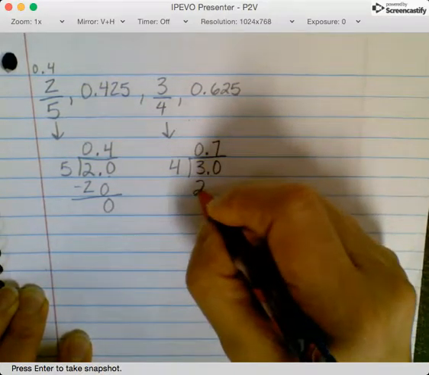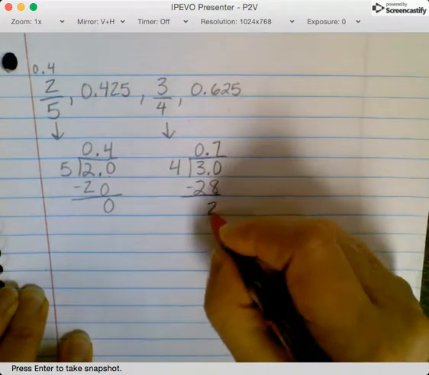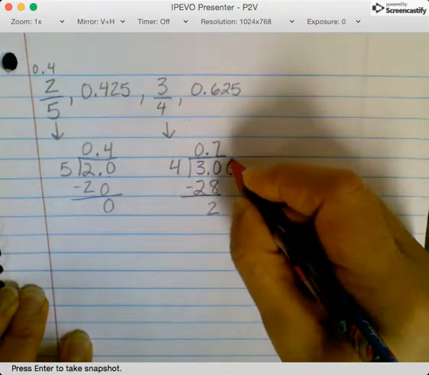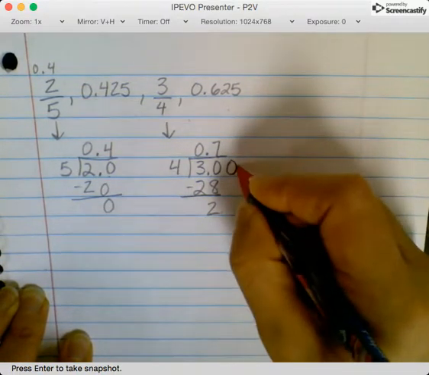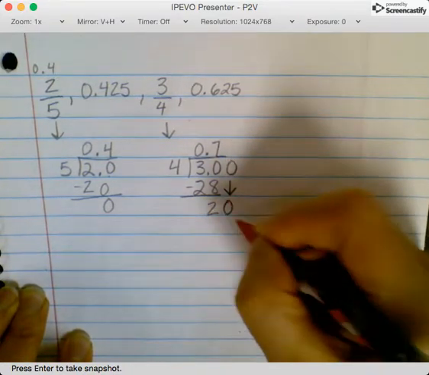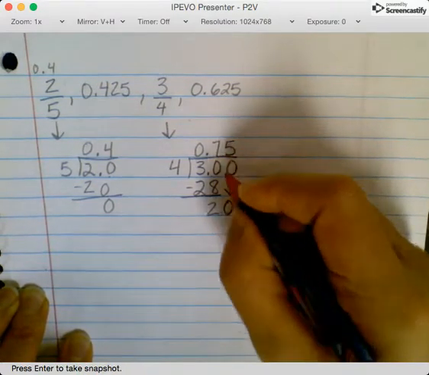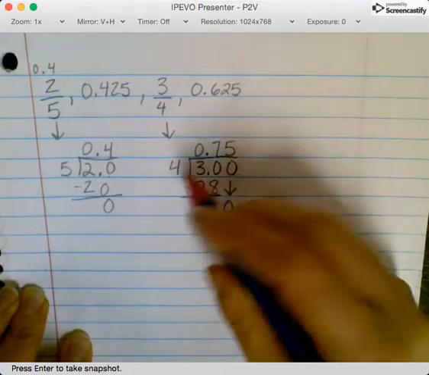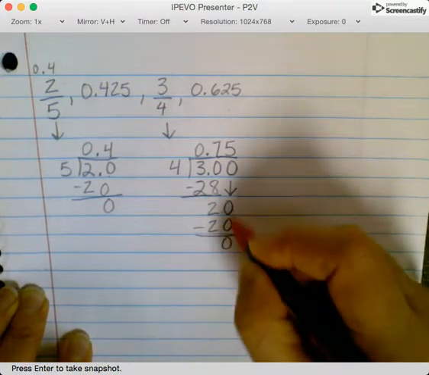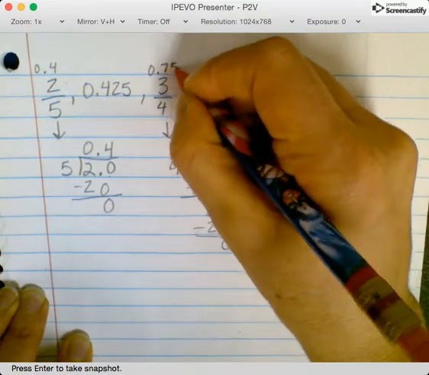And 4 times 7 is 28. If I subtract, I get 2. And then, since I have a number down here, I'm adding a 0 to keep going. So I bring that 0 down. And 4 goes into 20 evenly, which is 5 times. So 4 times 5 is 20. And this 3/4 is equal to 75 hundredths.